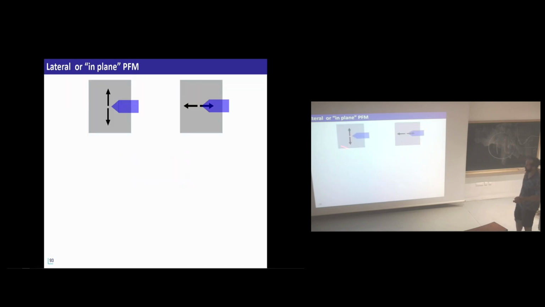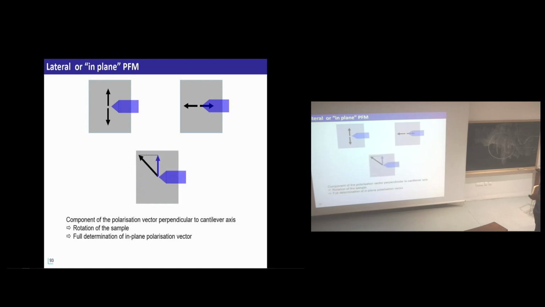Okay, so if the polarization is in this direction, you have the maximum signal. In this direction, this top view, zero signal. And of course, if you are in between, what you are going to measure is the projection of the polarization on the axis orthogonal to the cantilever.